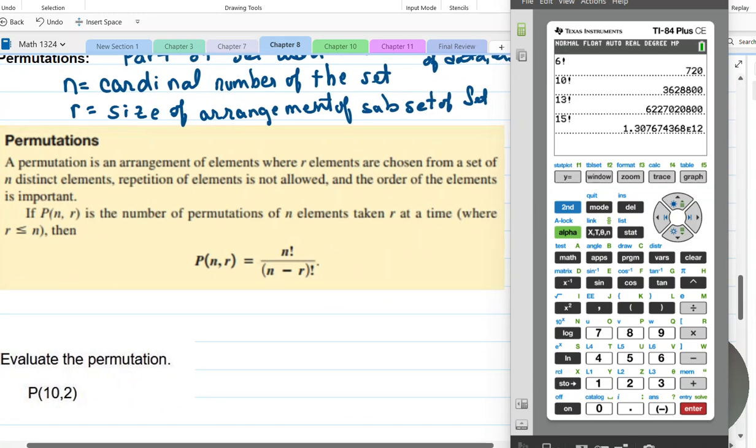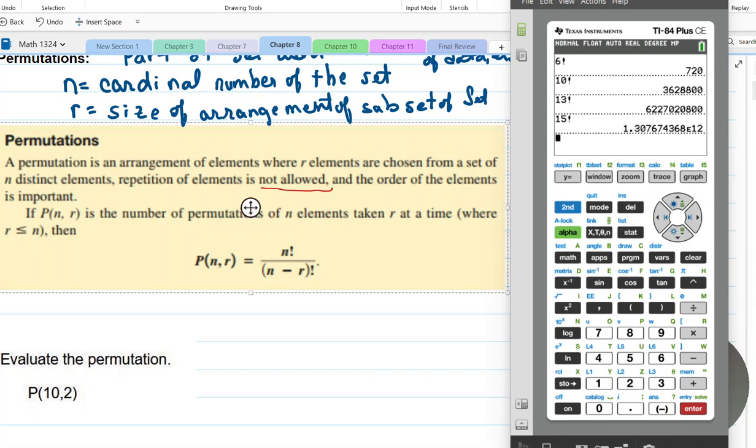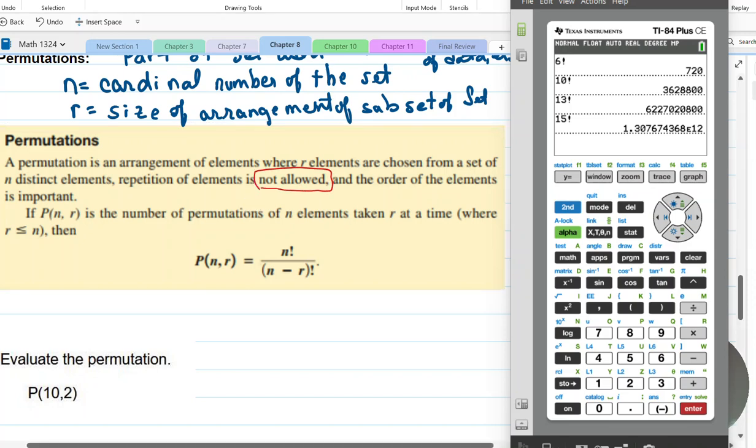So here is what the book says on permutations, and I've just explained what I think would make sense for you. It says a permutation is an arrangement of elements where r elements are chosen from a set of n distinct elements. Repetition of elements is not allowed. Very important. Repetition is not allowed. I forgot to mention that.